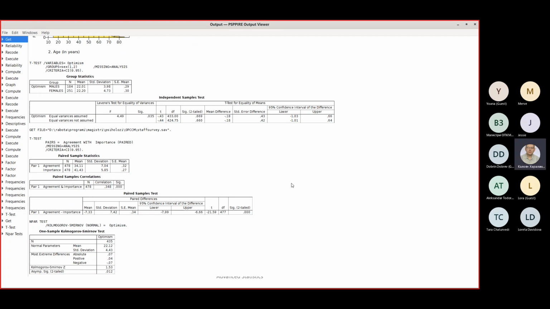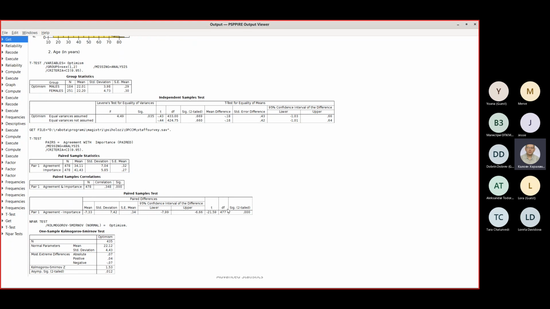But when the distribution is not normal, this distribution could differ from normal distribution in two opposite directions.